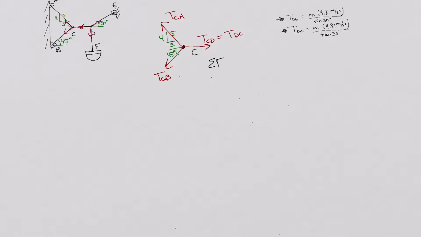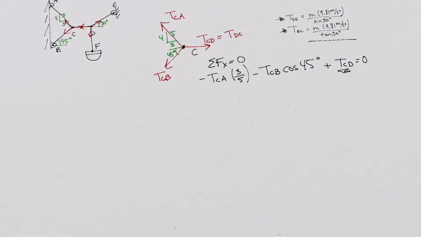So we sum the forces in the x direction equal to 0. So we have negative TCA times 3 over 5 minus TCB cosine 45 degrees, we're on the x-axis, and then plus TCD equals 0. So we do know something about TCD, just at least in terms of the mass from the previous page.